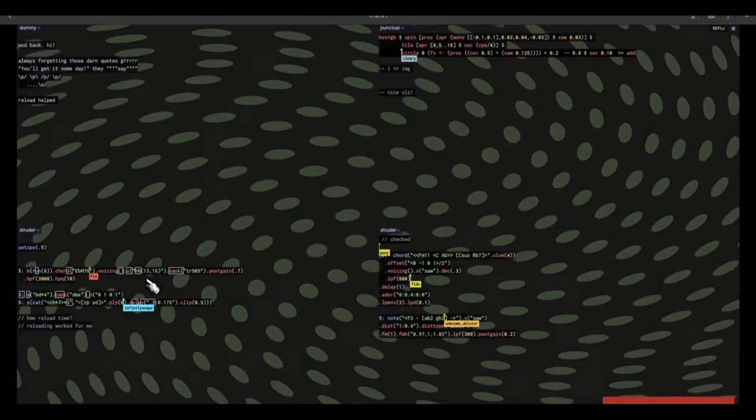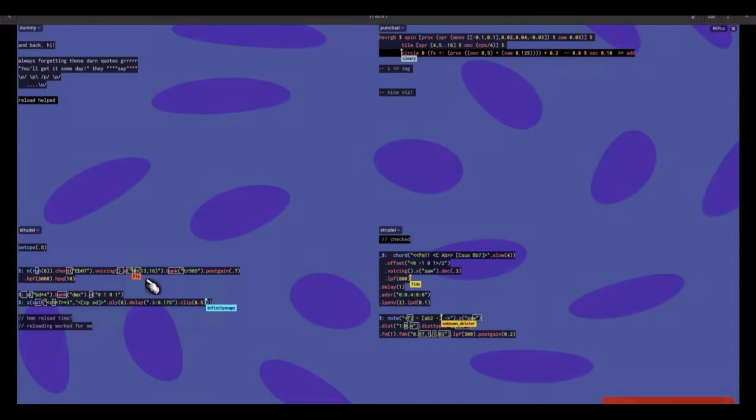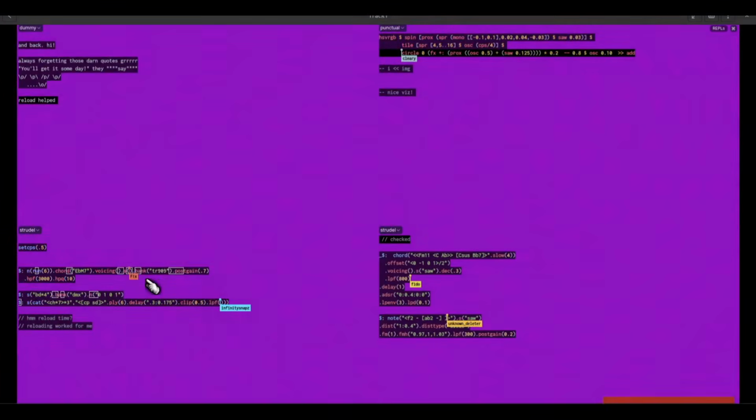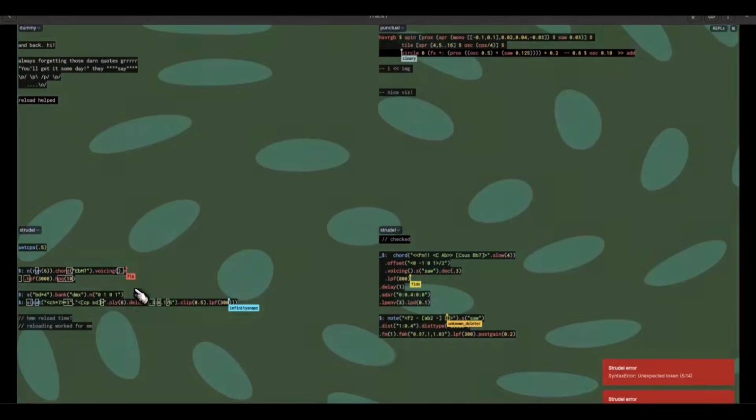The Euclidean algorithm is an algorithm which is defined for any number of hits greater than 0 and less than the number of events.